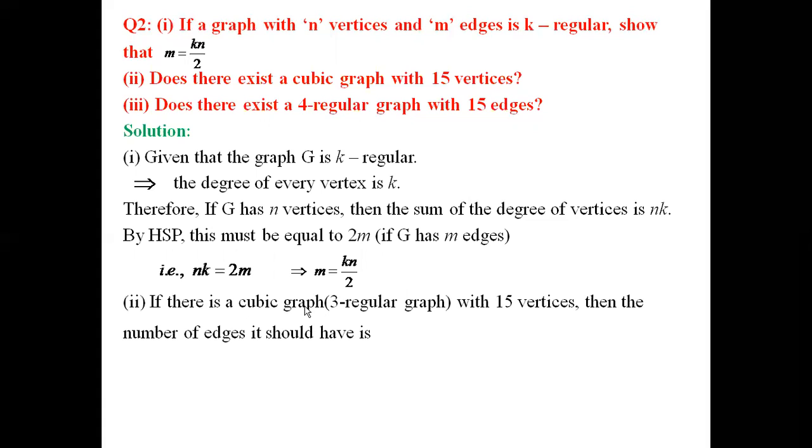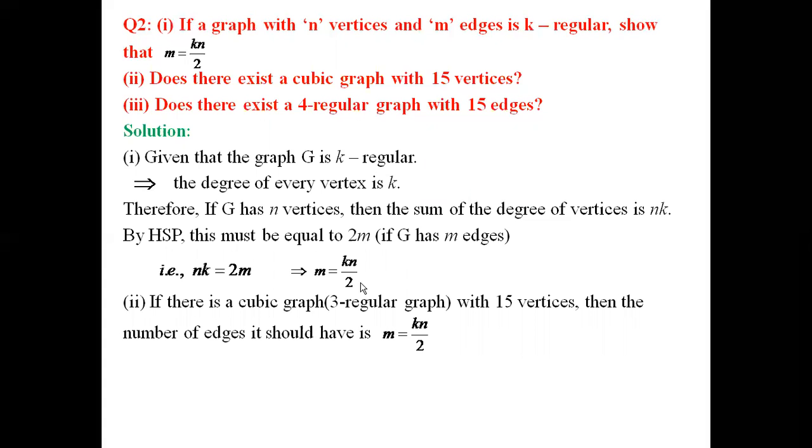Second one, if there is a cubic graph, meaning three regular graph, that is degree of every vertex is equal to 3, with 15 vertices. It is given in the data that it has 15 vertices. Then the number of edges it should have is m equal to kn divided by 2.